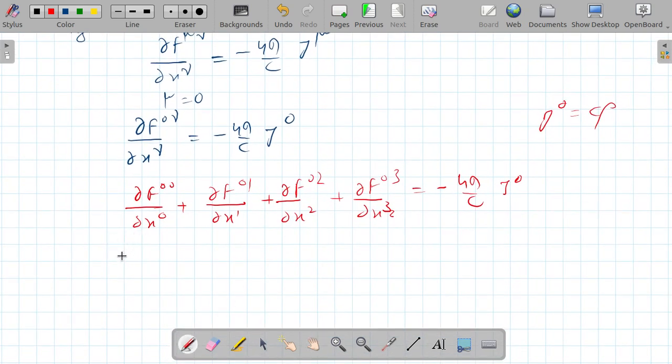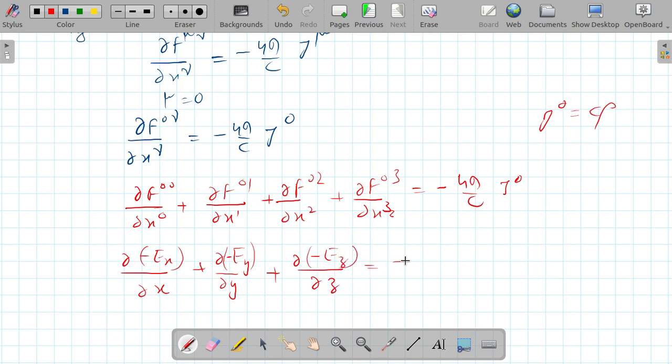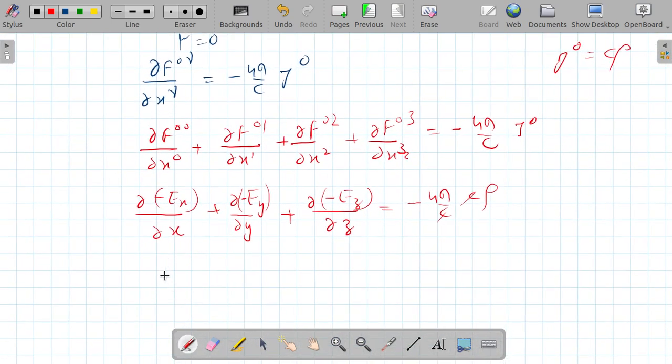So therefore this leads to ∂Ex/∂x + ∂Ey/∂y + ∂Ez/∂z is equal to −4π/c times J^0. The negative signs will cancel out, and J^0 is cρ, so this leads to ∂Ex/∂x + ∂Ey/∂y + ∂Ez/∂z equals 4πρ.